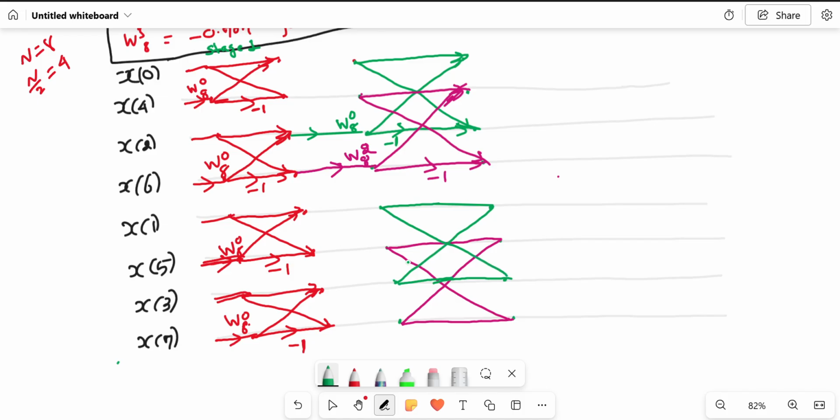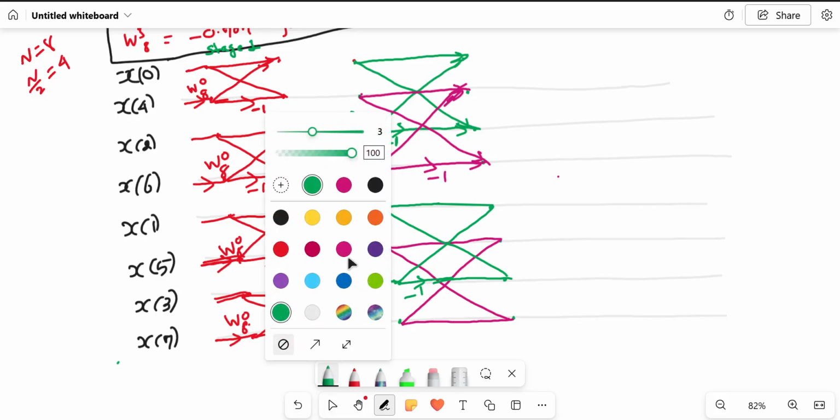The lower wing should have -1, and this lower wing W0 of 8. Similarly, this lower wing will be W2 of 8.